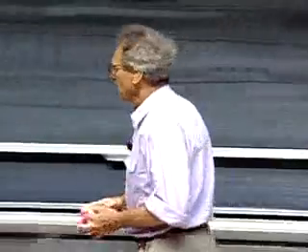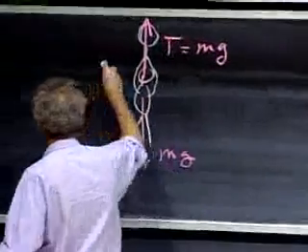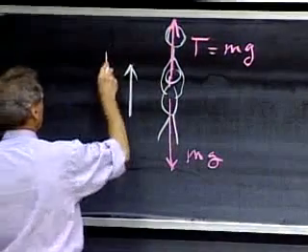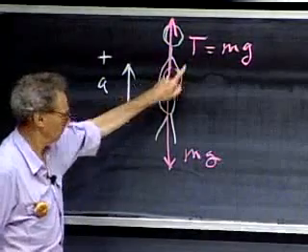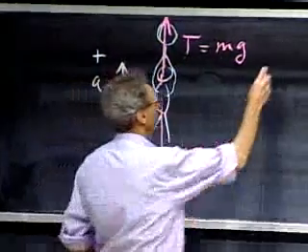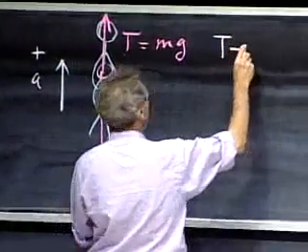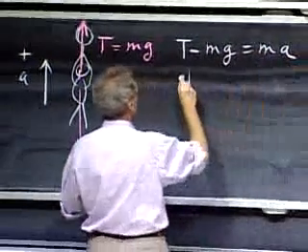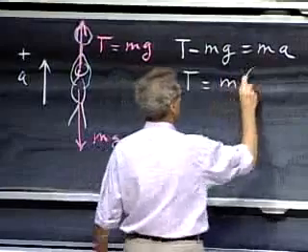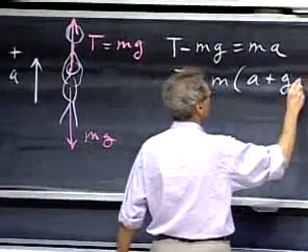Now let's accelerate this system upwards with an acceleration a, and I call this plus. Then, of course, this T must grow, otherwise you cannot be accelerated. Newton's second law, T minus mg must be ma. The tension in the string equals m times (a plus g).